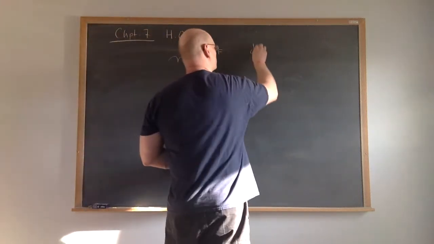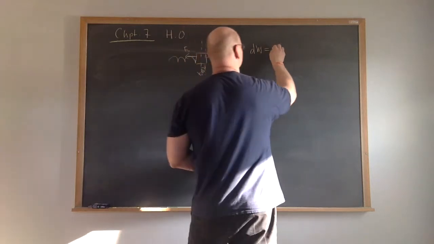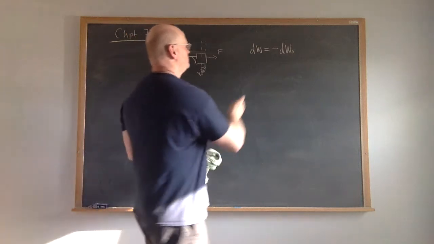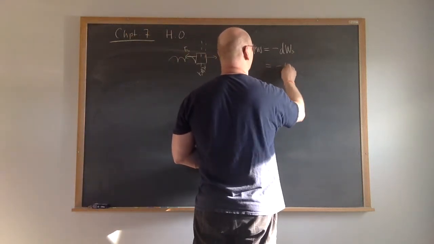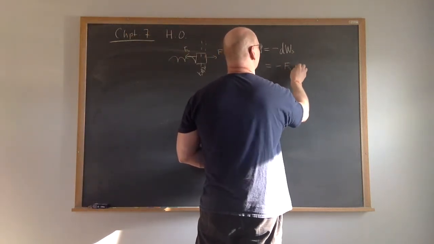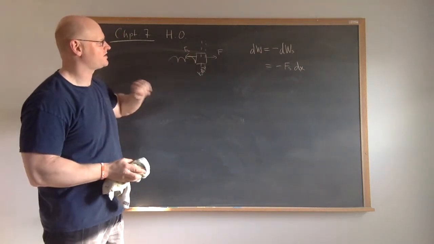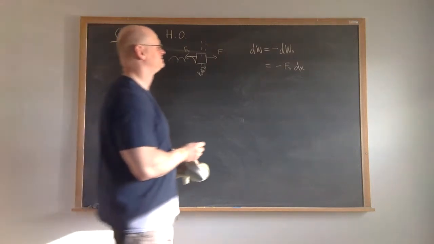So the differential work that I have to do is equal to the negative of the differential work done by the spring, which is equal to the negative of the force of the spring times dx, because in this case I'm moving in the same direction as the force is being applied.